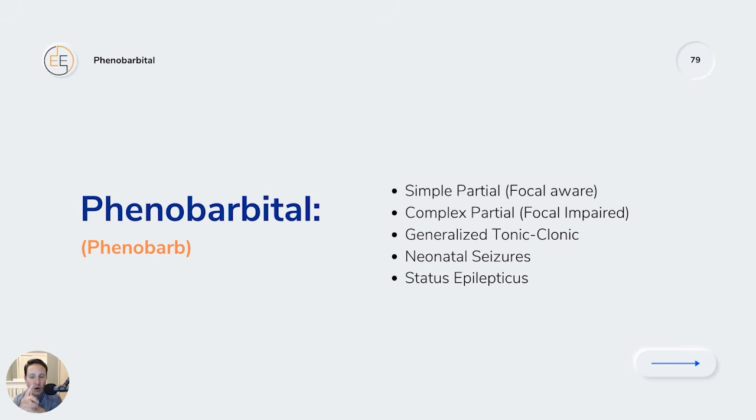It's also regarded as the go-to medication for seizures in infants and is also used to treat status. Phenobarb does work well with others, so it is commonly used as an add-on medication to assist other ASMs in the therapeutic process.